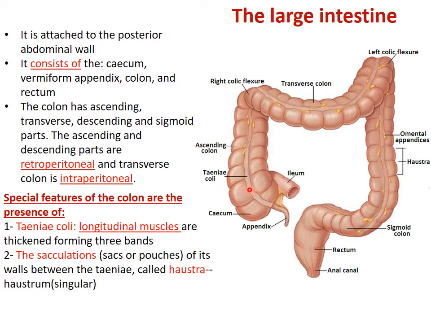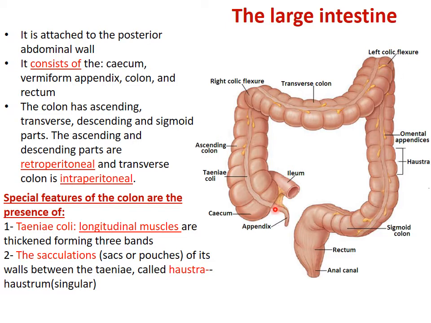This whole outer covering of longitudinal muscle concentrates into three bands, right? So all the longitudinal muscles converge and concentrate in three bands. One band is visible here, but it is actually three.